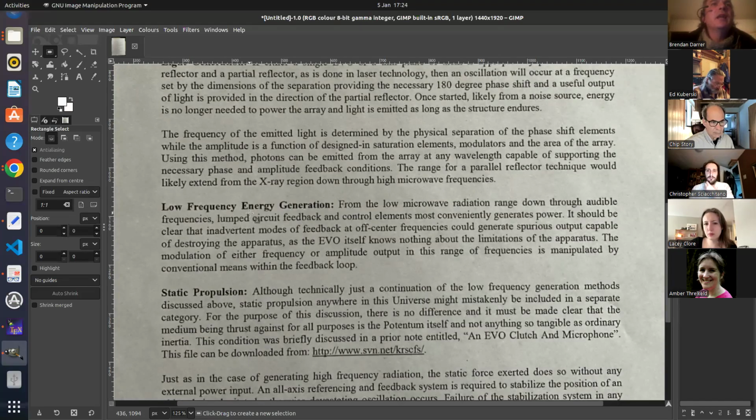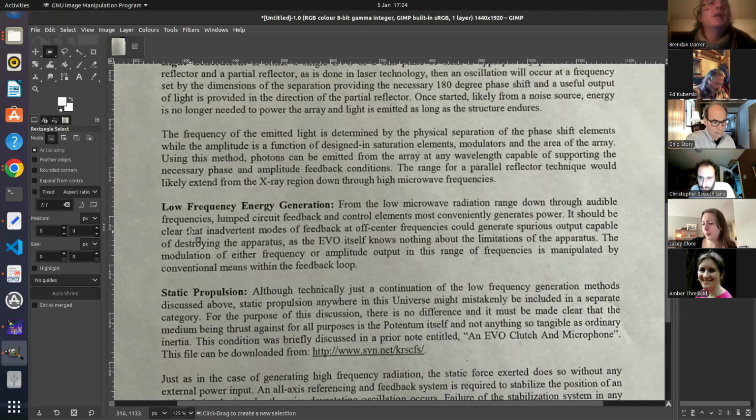Low frequency energy generation. From a low microwave radiation range down through audible frequencies, lumped circuit feedback and control elements most conveniently generate power.